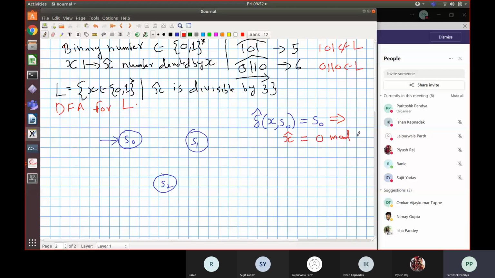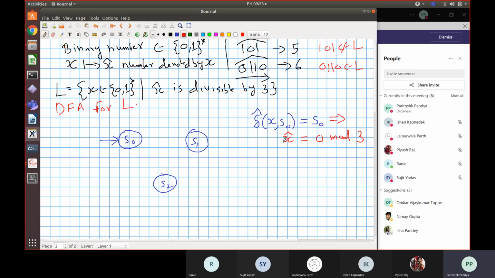Now this notation you should get used to. This is a bit used in number theory. It says that the remainder of x hat when divided by 3 is 0. So modulo division by 3, x hat and 0 are the same. That is, if you take x hat and divide it by 3, and take 0 and divide it by 3, the remainder is the same. This is what it means, right?